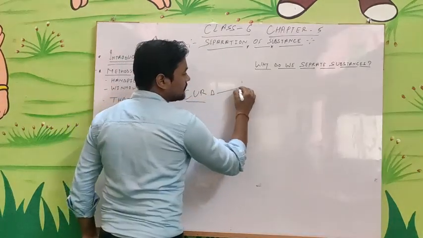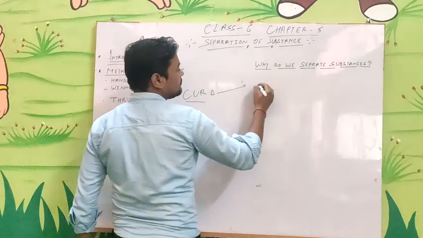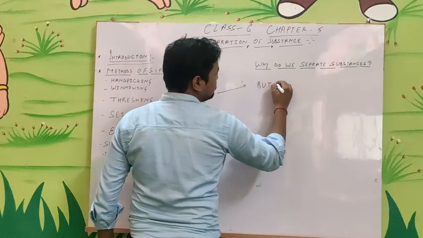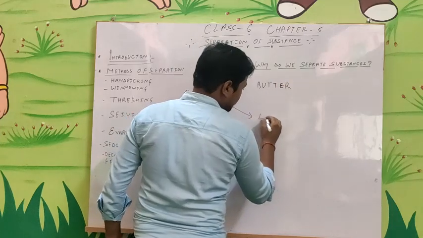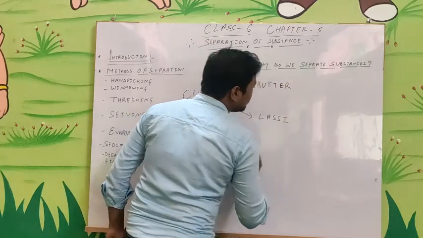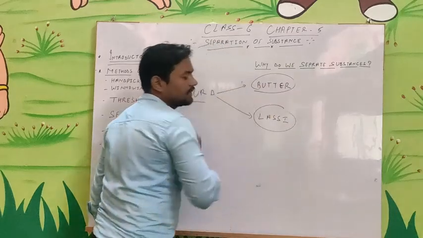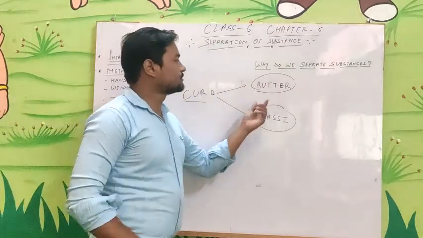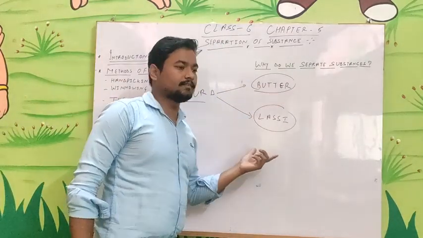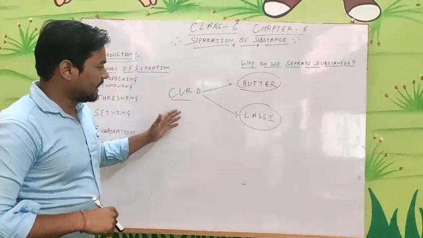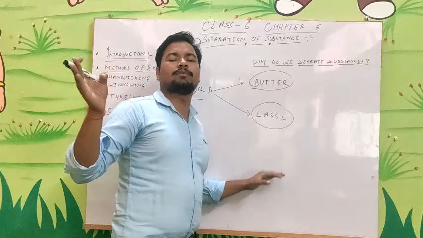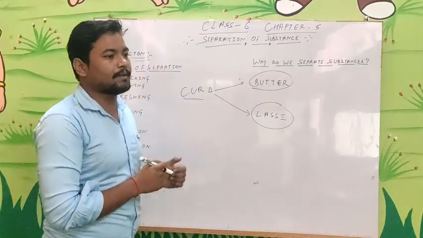Curd separates into butter and lassi. We use butter as a fat, and we use lassi to drink.